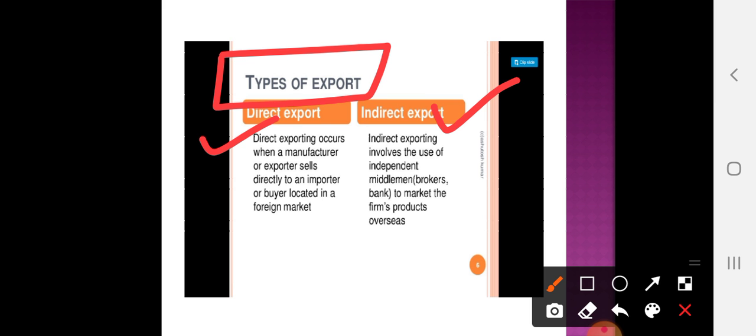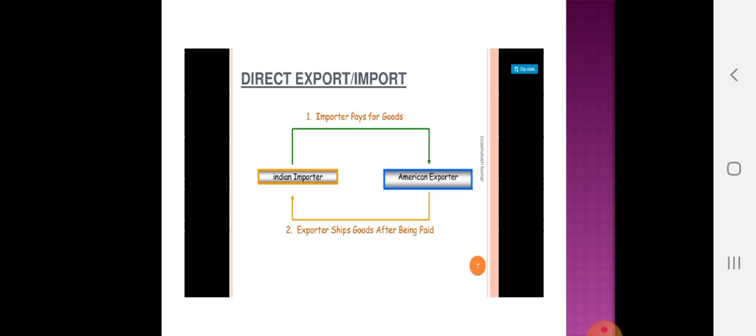Direct exporting occurs when a manufacturer or exporter sells directly to an importer or buyer located in a foreign market. So we are selling goods directly. Then there is indirect export. Indirect exporting involves the use of independent middlemen, so there will be the involvement of different agents.